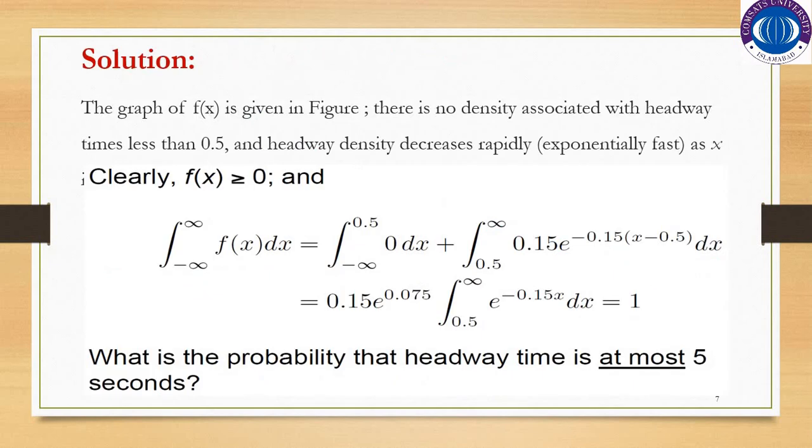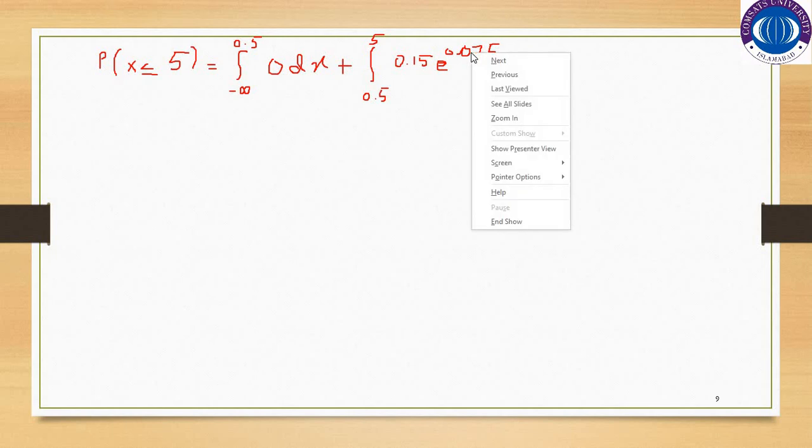I think it's 0.075, and if we use the eraser here, good.